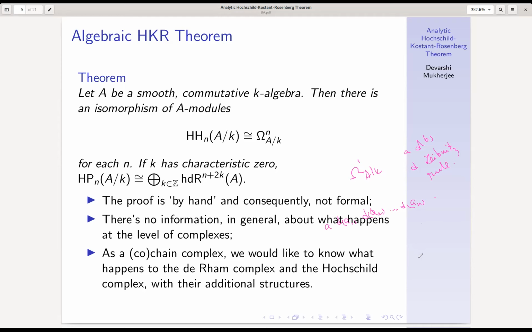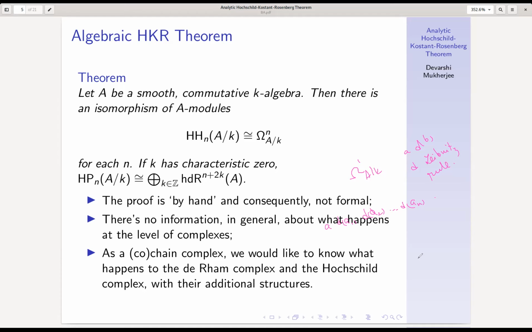And more so if you include the additional structures that the Hochschild complex and the de Rham complex have, then it's unclear what happens between the two sides. And in what follows, I'll talk about what these additional structures are and how they are precisely related.